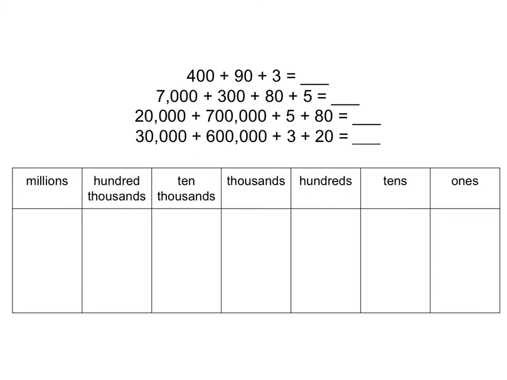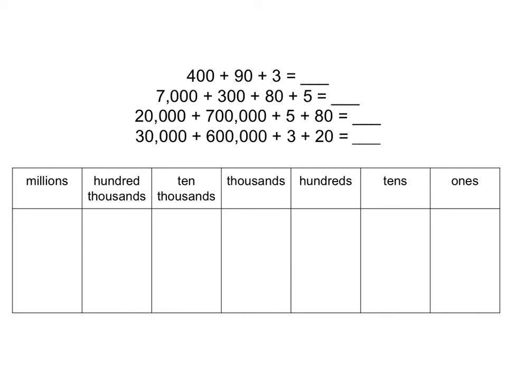All right, just when you think you've got it going right, we look at the next number, and it's a little bit different. The order isn't quite the same as it was before. We're going to start with 20,000 plus 700,000 plus 5 plus 80. So they're mixing us all up. So 20,000 would be, and I want you to write this on your own, 2 10,000s. 700,000 would be 7 100,000s. 5, of course, takes us down to 5 ones, and 80 takes us to 8 10s.